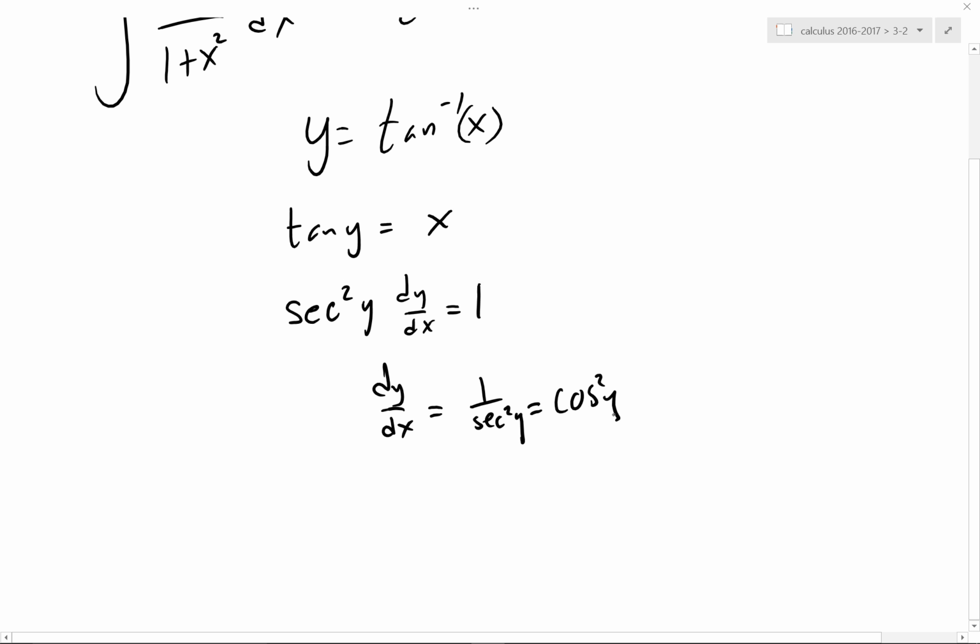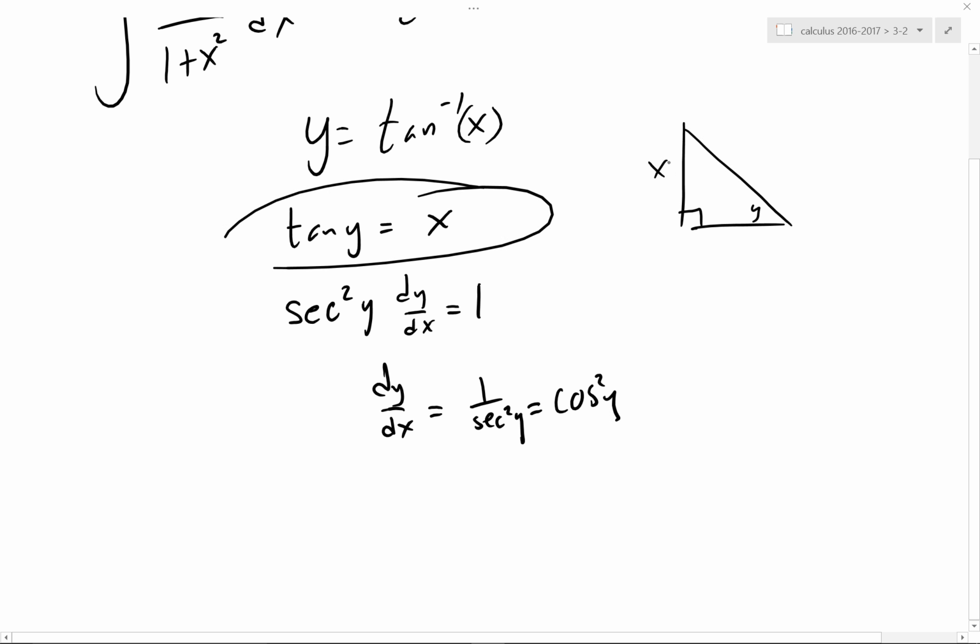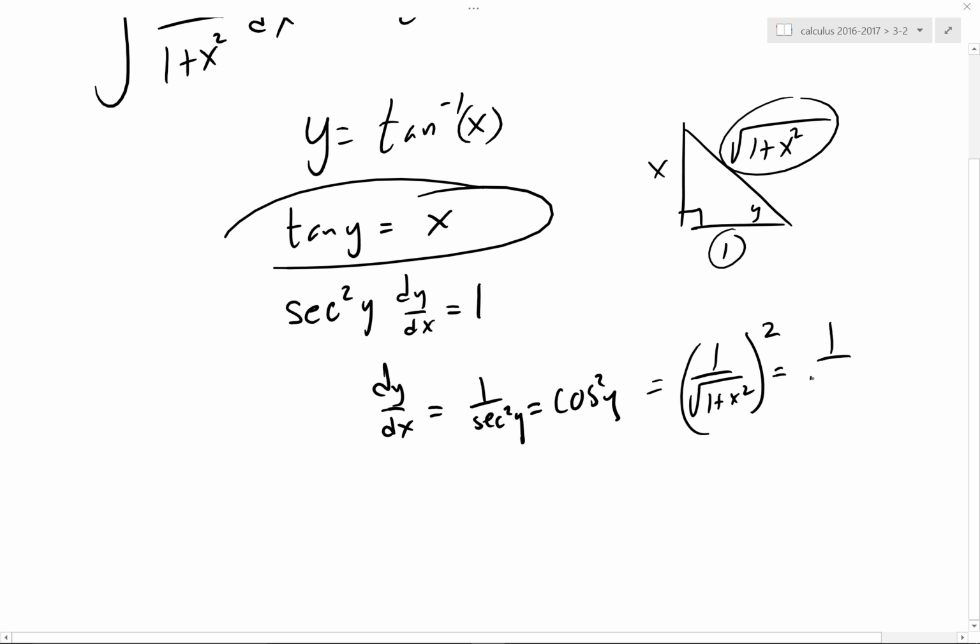Because 1 over secant is cosine. Well, what does that mean? Well, remember this triangle, we said the tangent of y is x over 1. That means the hypotenuse is the square root of 1 plus x squared, yes? So then the cosine would be the adjacent over the hypotenuse, squared, right?